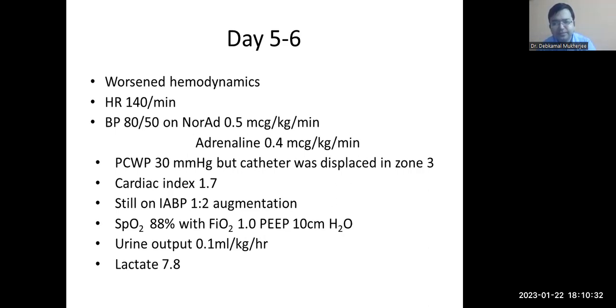So because your cardiac output is falling, your blood pressure is falling here. And that is the most important thing to realize. And why is your cardiac output falling? Like you said, cardiac output is equal to stroke volume into heart rate. So here the heart rate has jumped up to 140. That will decrease the diastolic time available to fill the heart.